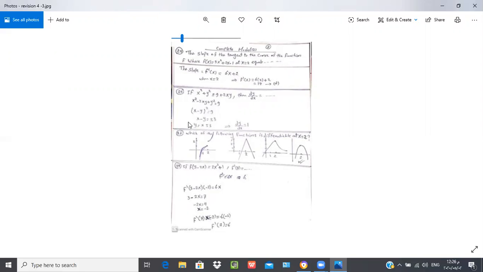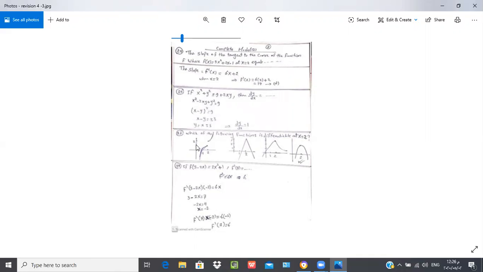So if I want to find dy by dx, it will be 1. This is a very small part. Some people leave it y squared and try to find the derivative of y squared and so on. But it's a very, very easy way.